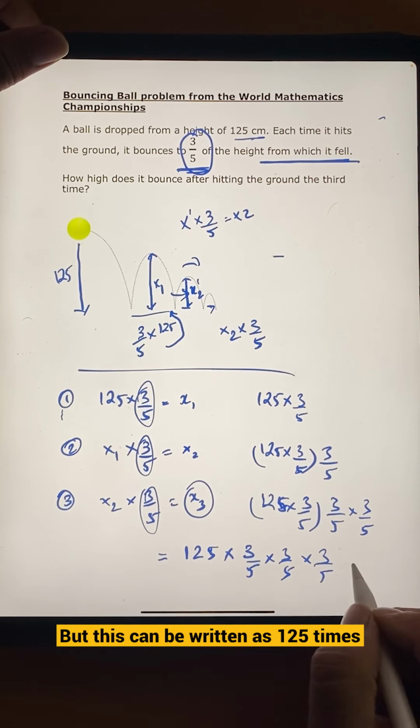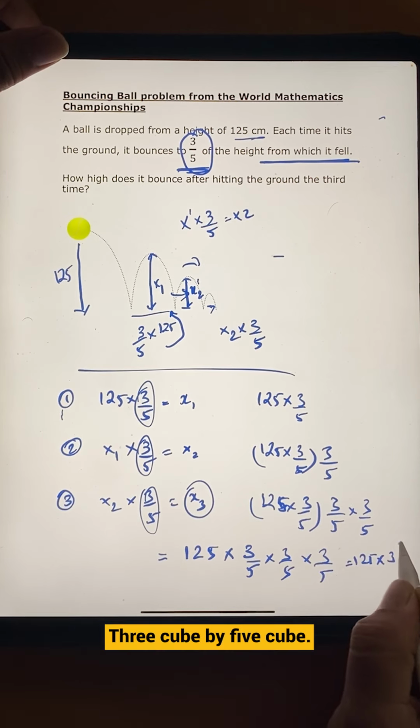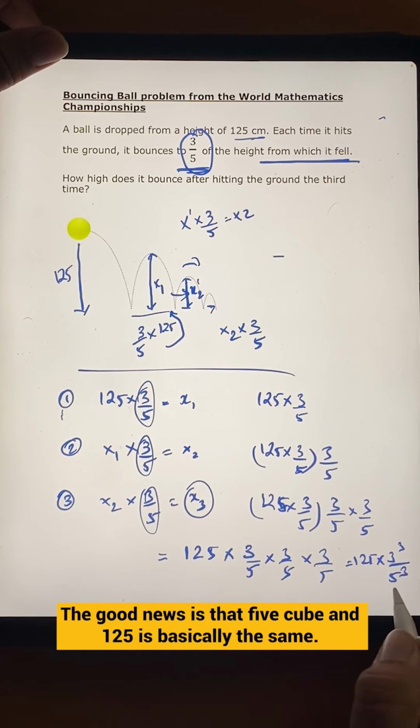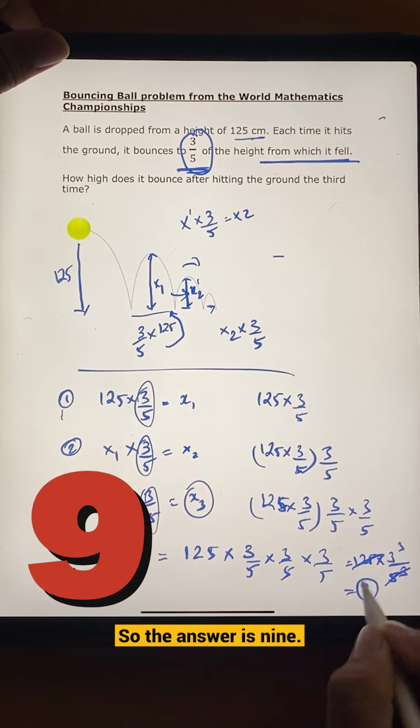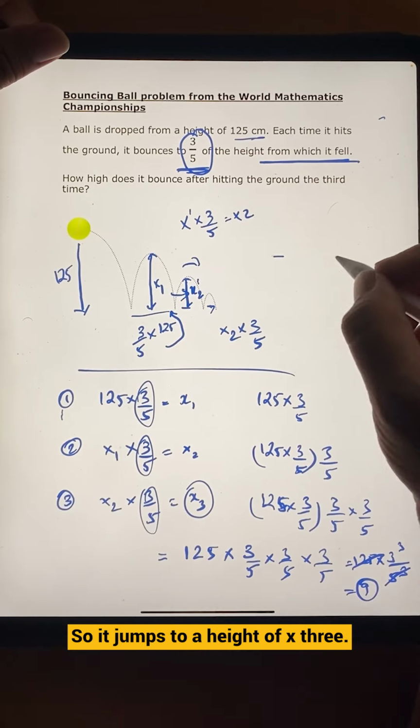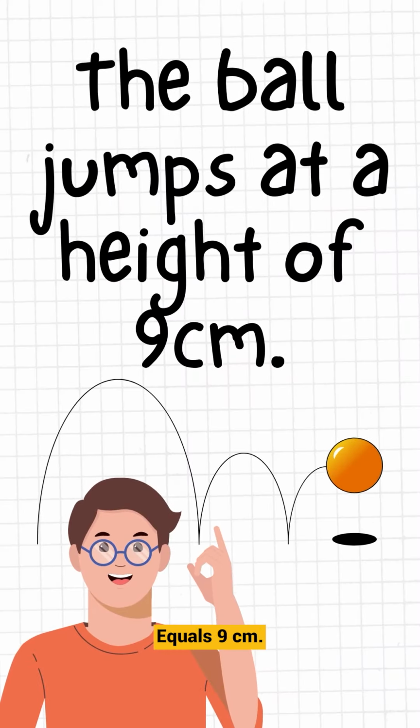But this can be written as 125 times 3 cube by 5 cube. The good news is that 5 cube and 125 is basically the same, so the answer is 9. So it bounces to a height of x3 equals 9 centimeters.